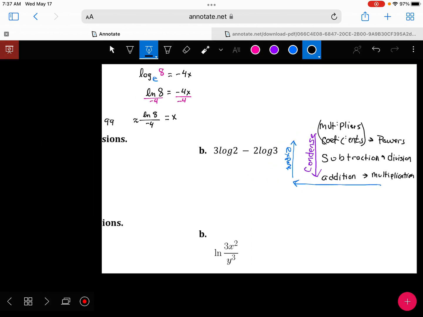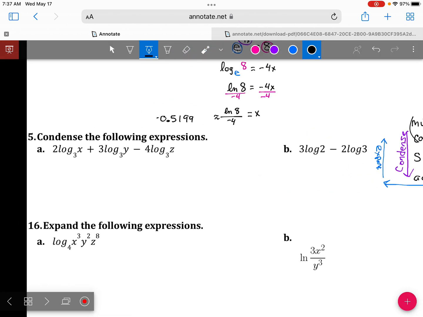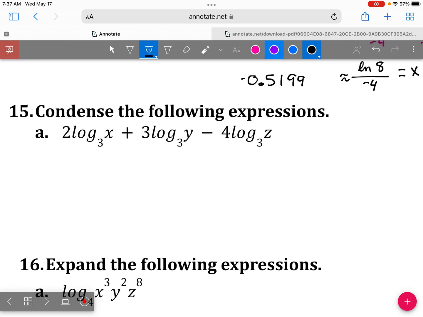Because when we are condensing, the place we start is these guys out front. They become exponents on our arguments.